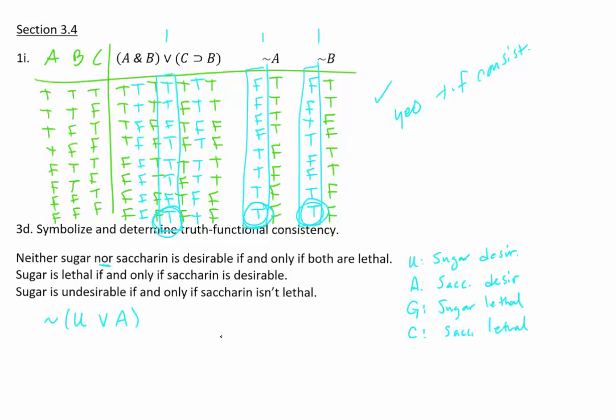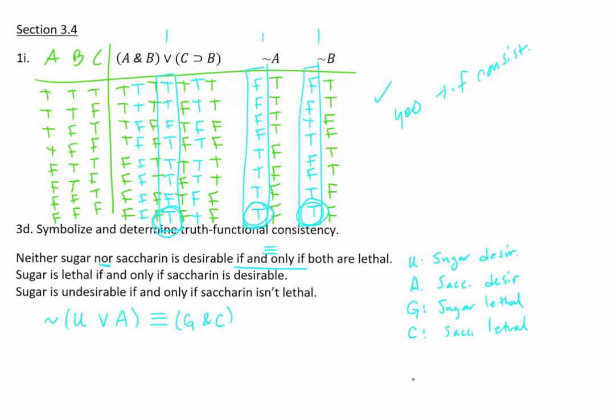If and only if, that's our clue that there's the triple bar. Both are lethal. So if and only if both are lethal. So this is going to be like that. So there's the first one.